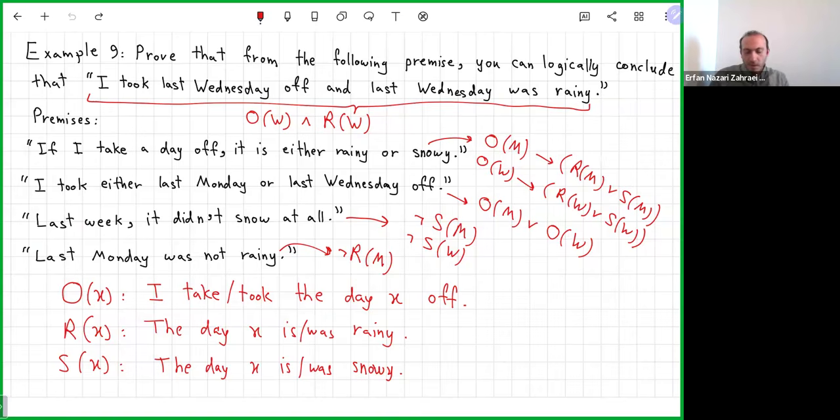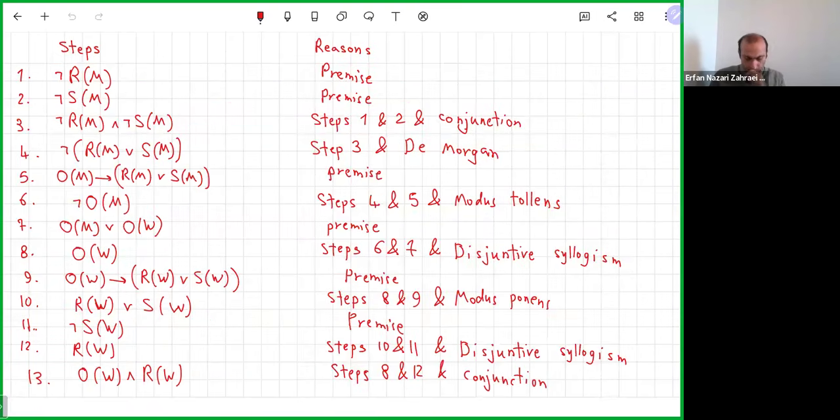Okay, great. So that was a practice for you on how to apply rules of inference step by step. That's basically all the things that we wanted to discuss.